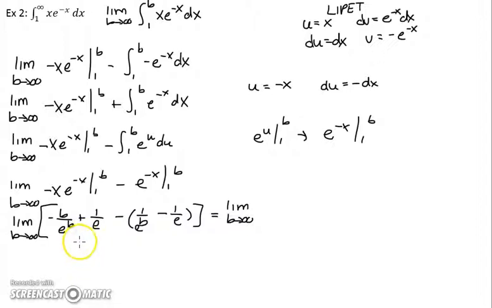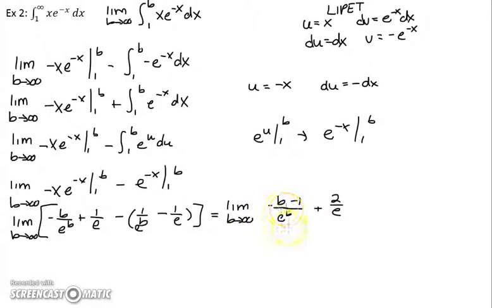So when we combine our like terms, we have negative b over e to the b minus 1 over e to the b. We have 1 over e minus negative, so plus 1 over e, so that's going to be plus 2 over e. Then we evaluate, and we plug infinity in.